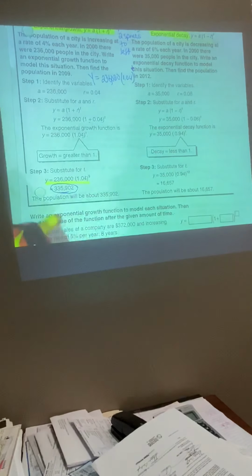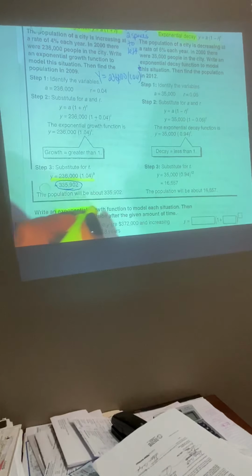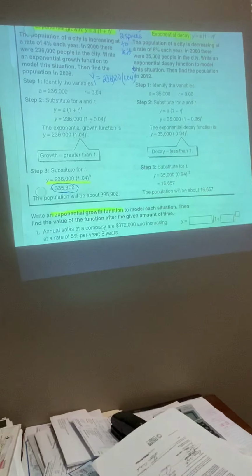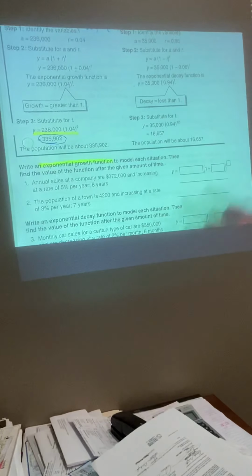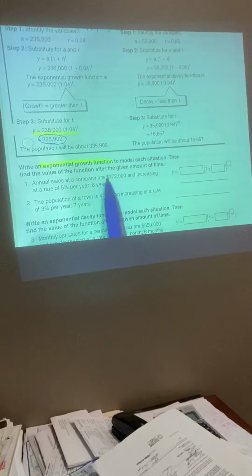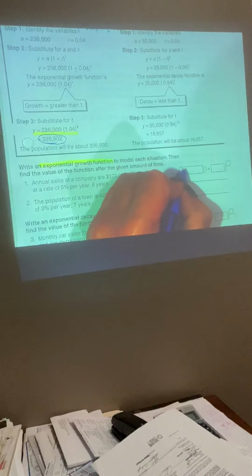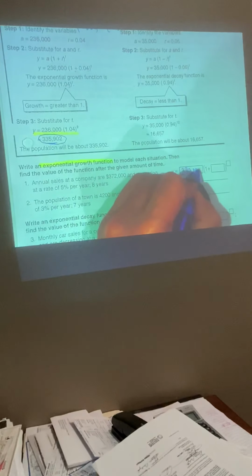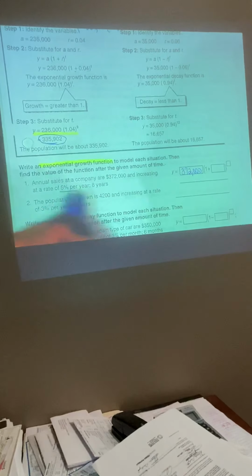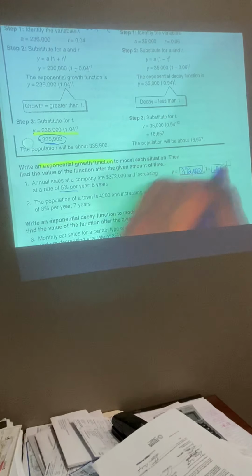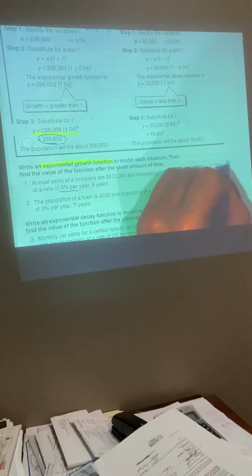So we're going to write an exponential growth function. What words mean exponential growth? Increase. That's another word for exponential growth. The annual sales of a company are 372,000, increasing at a rate of 5% per year for 8 years. 372,000, 5%, 1 plus 0.05 to the 8.